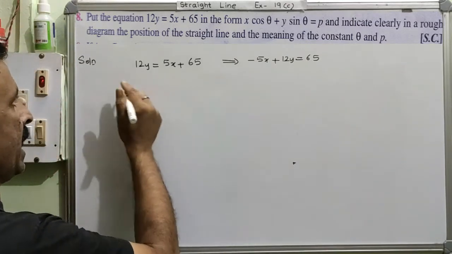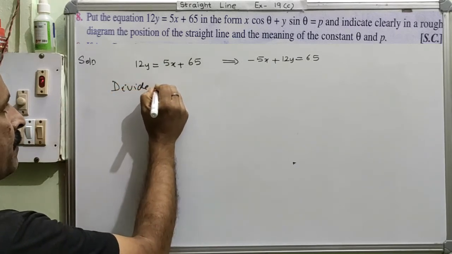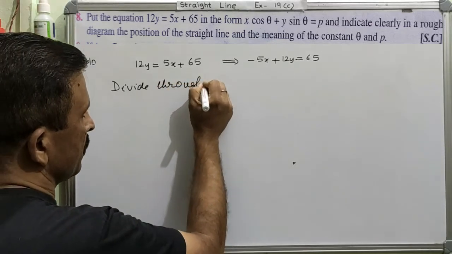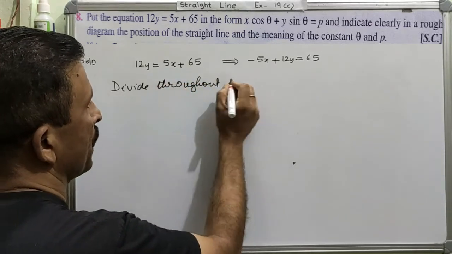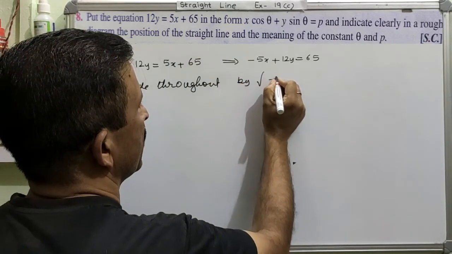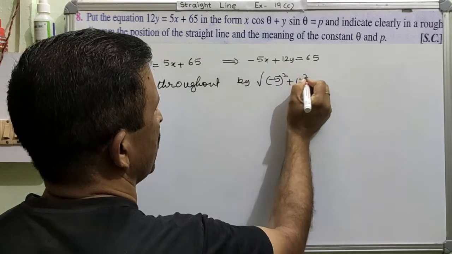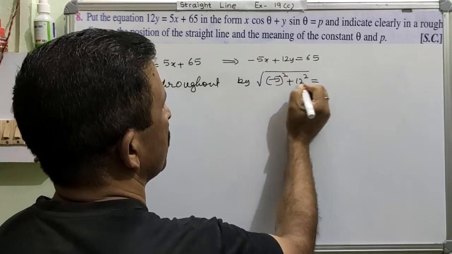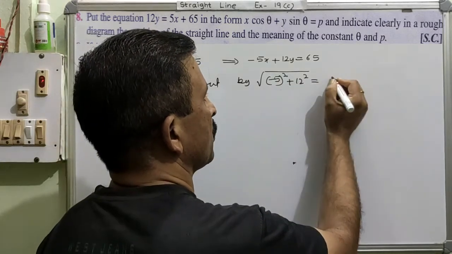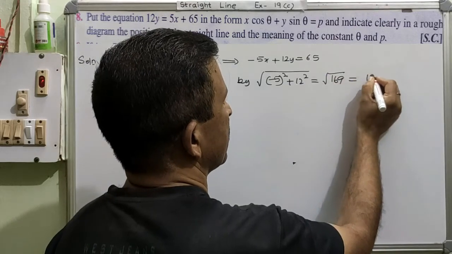Now the first step, divide throughout by root over minus 5 square plus 12 square. That is 5 square is 25 and 12 square is 144. Sum of these two will be 169 and the square root of 169 is 13.